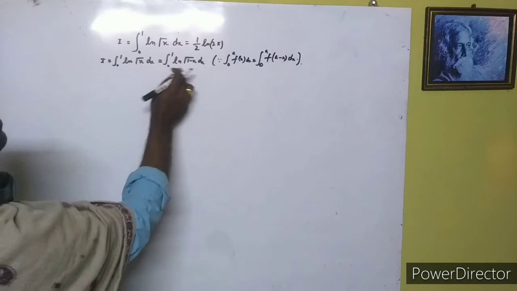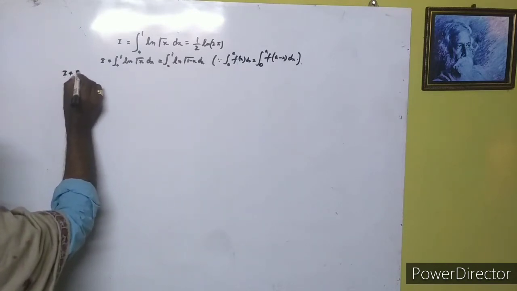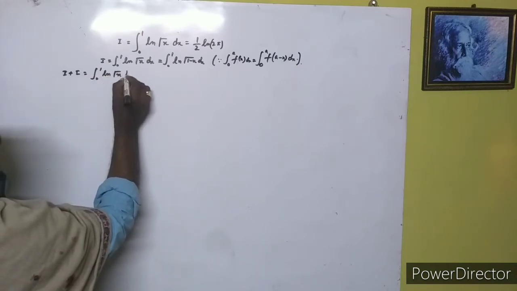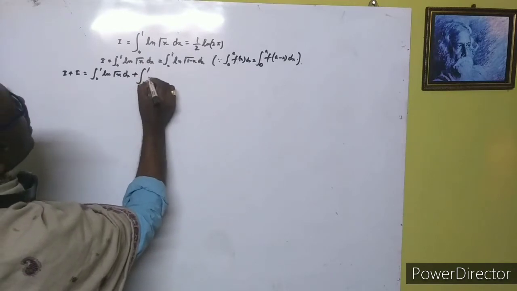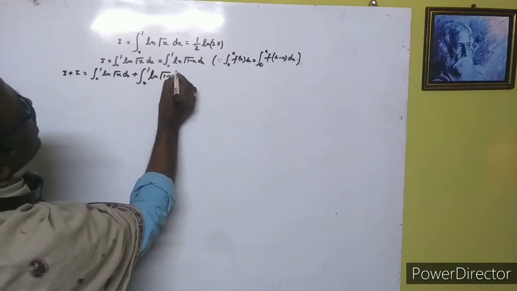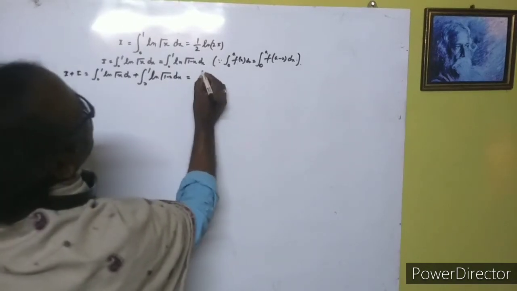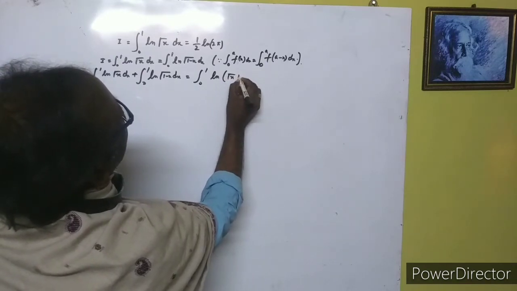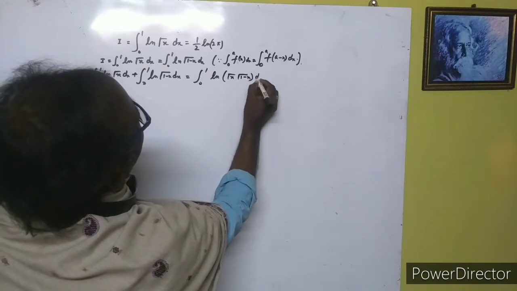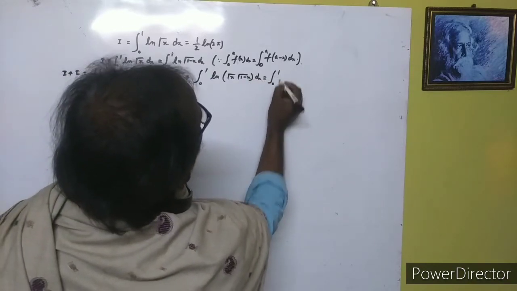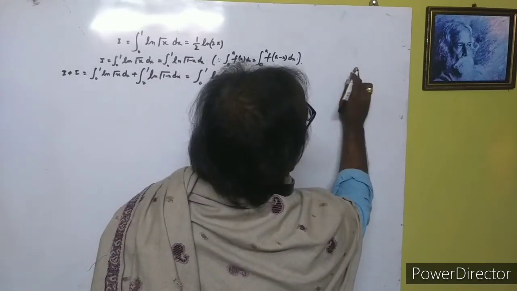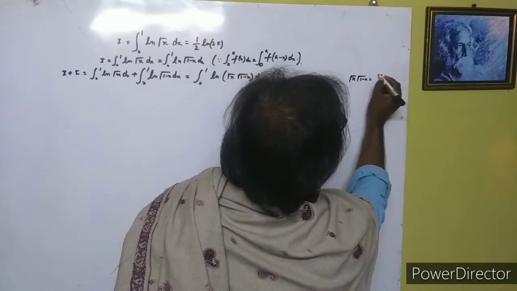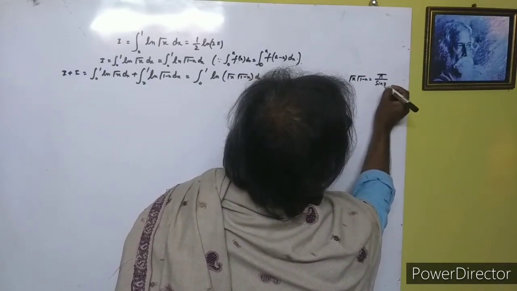Adding these two, I plus I, the integral from 0 to 1 of ln gamma x dx and again the integral from 0 to 1 of ln gamma 1 minus x dx, equals the integral from 0 to 1 of ln of gamma x times gamma 1 minus x dx. From the gamma function, gamma x times gamma 1 minus x is equal to pi by sin x pi.